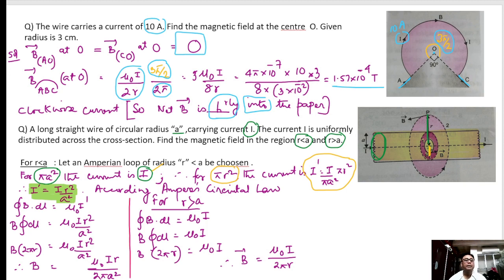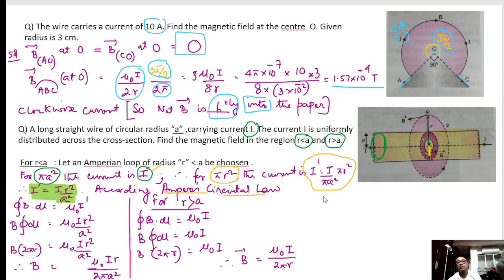Clear? Next is, let us imagine an Amperian loop of that radius. So according to Ampere's circuital law, what can we write? Line integral of B dot dl equal to mu 0 I dash.